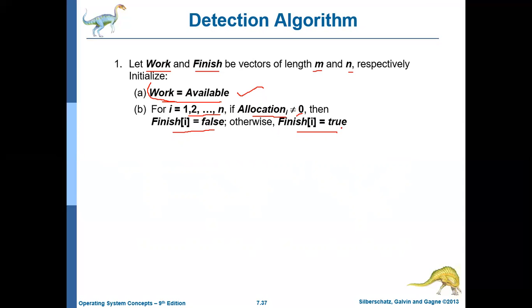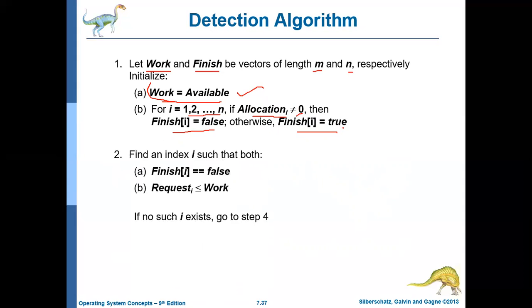It has completed its job. So finish of i is true. In Banker's algorithm, in the first step, we have not checked this. We have just set finish of i equal to false for all processes. The same thing we can do here. Nothing wrong in that. Here we are adding one more check. Based on this check, we are doing this, right?